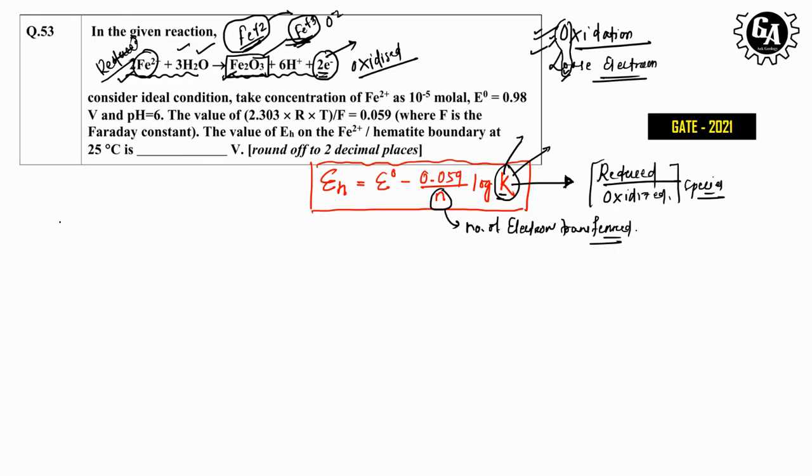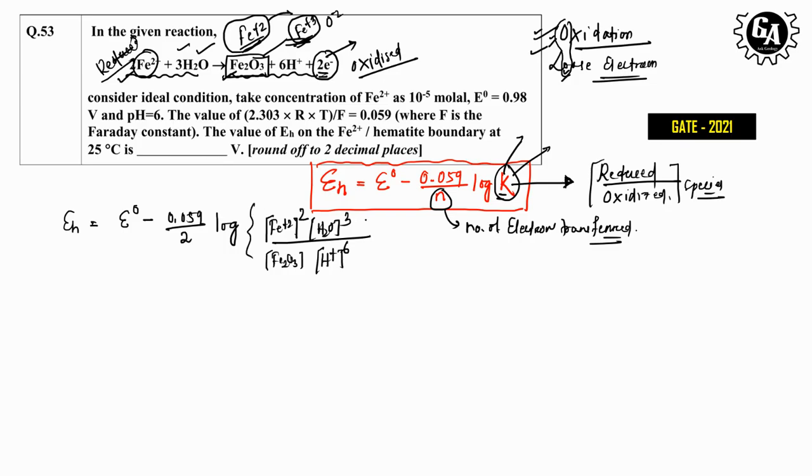So Eh is equal to E0 minus 0.059 by n, where n is 2, then log K, that is [Fe2+]^2 [H2O]^3 divided by [Fe2O3][H+]^6.